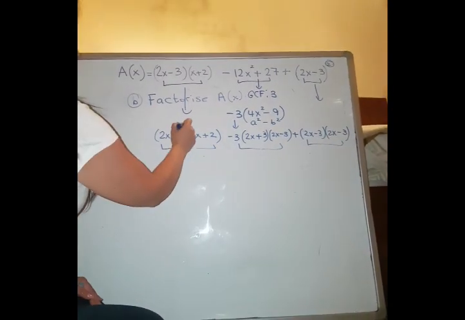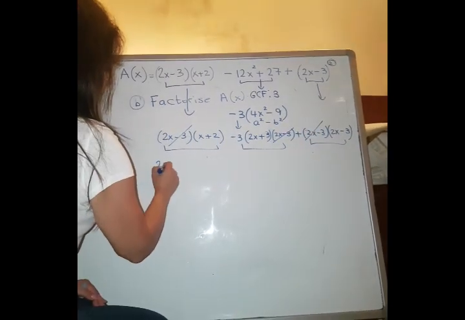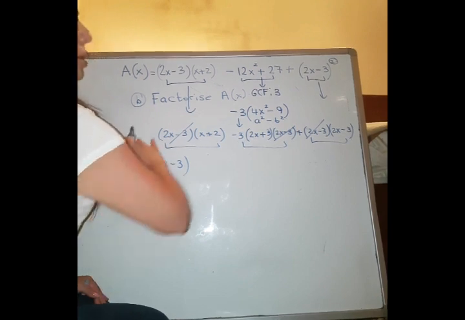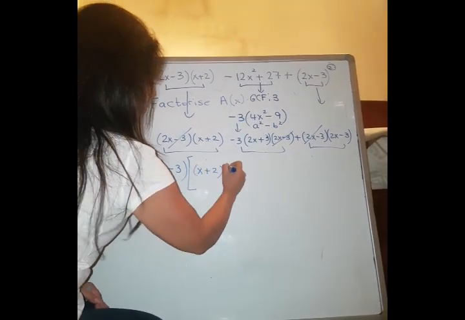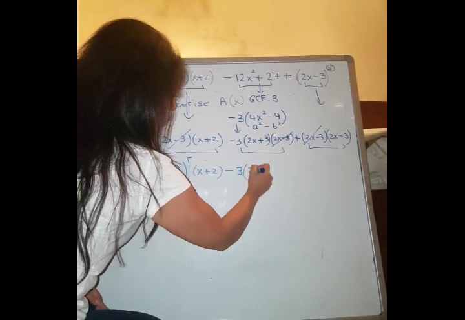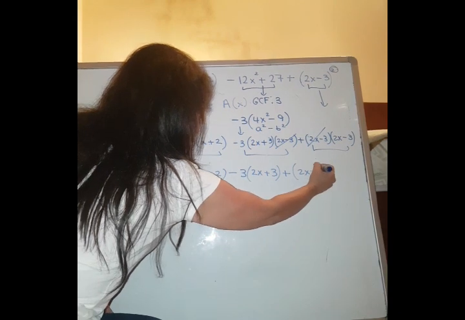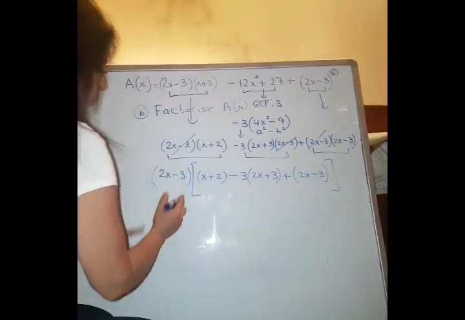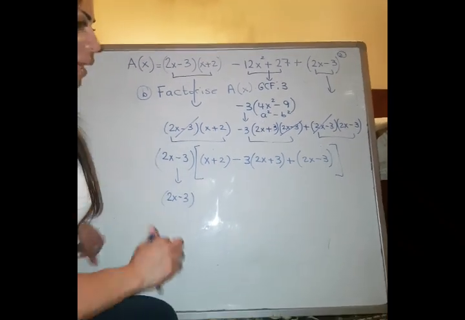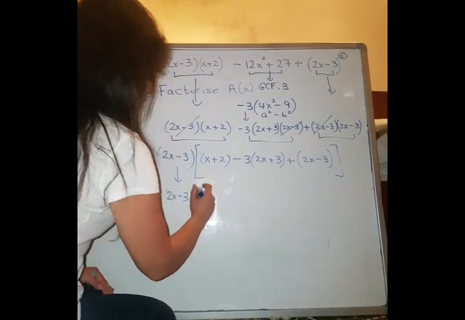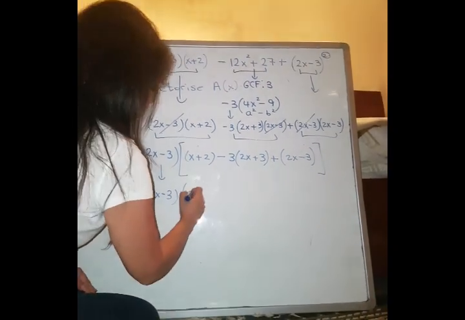Where's my common parenthesis? 1, 2, 3. (2x - 3), and I put a big bracket for what's left. x + 2 - 3(2x + 3) + (2x - 3). Now I bring down again my common parenthesis, (2x - 3), and what do I do? I start opening my other parentheses and adding and subtracting my like terms.